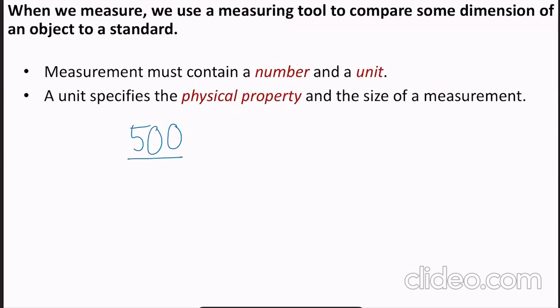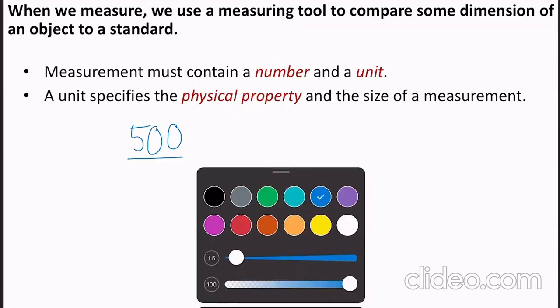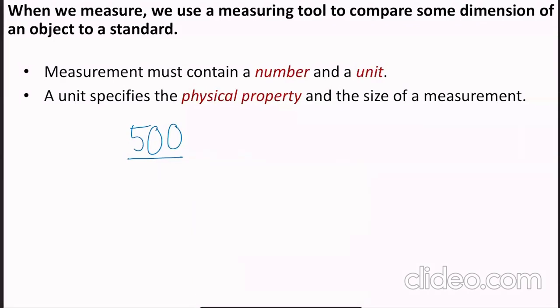So not only do we have to have some number, we also have to have some unit that's going to explain what this is. I can't just put 500, because that doesn't mean anything.